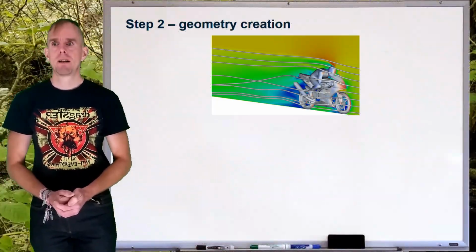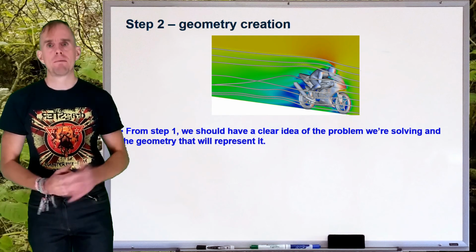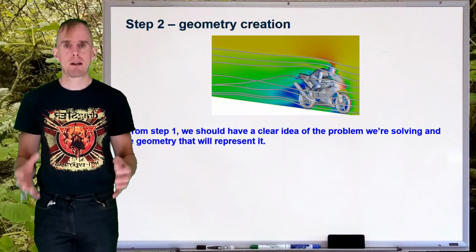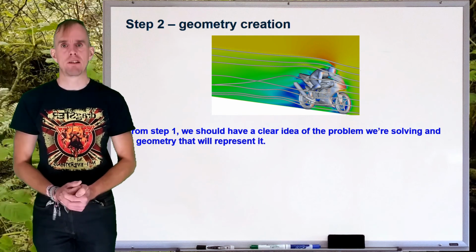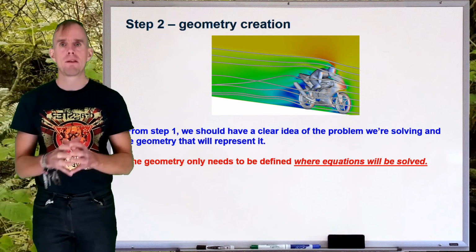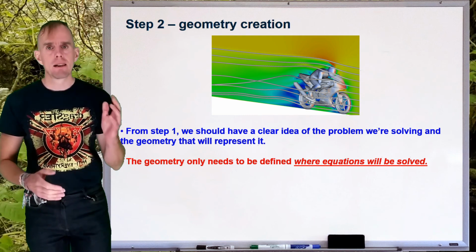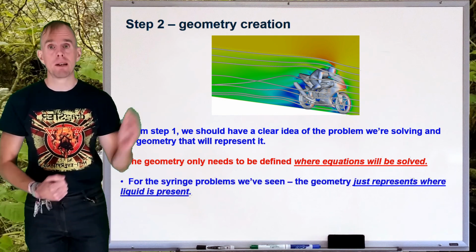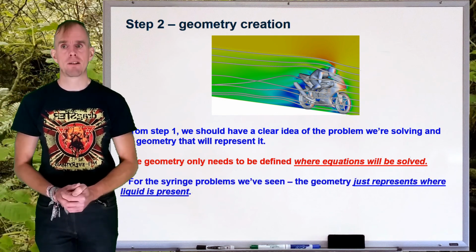So, let's say that from step one of the CFD workflow, we have a clear idea of the problem that we're solving and the geometry that's going to represent it. So, now we need to think about where the fluid flows. Let's consider the syringe in the second and the third example that we looked at in the last part of this lecture.